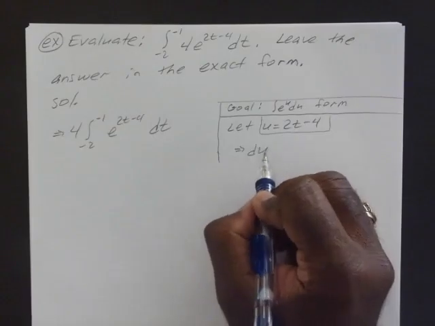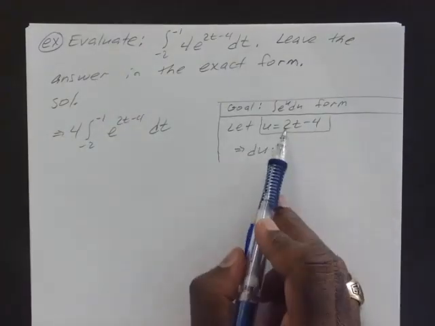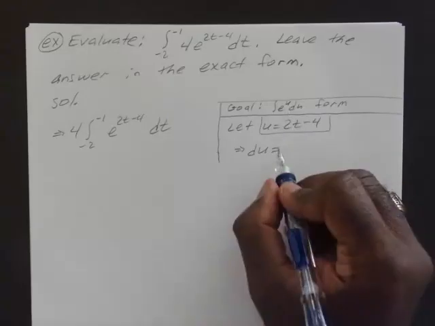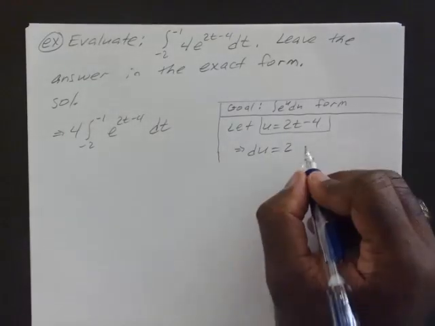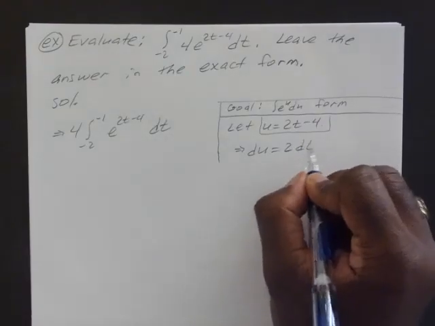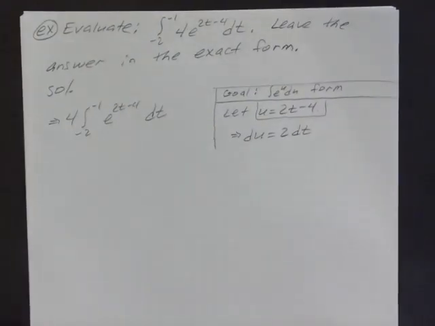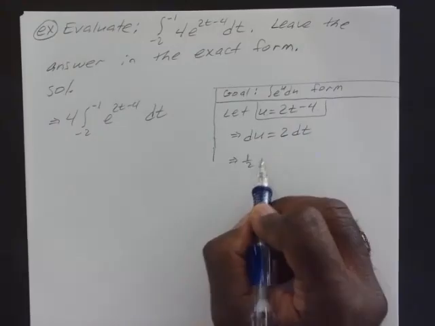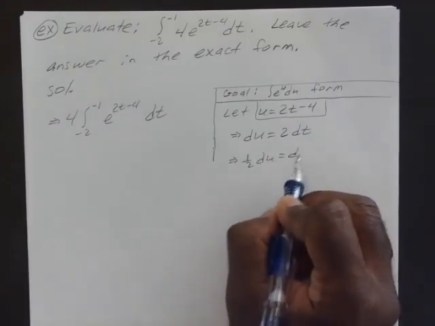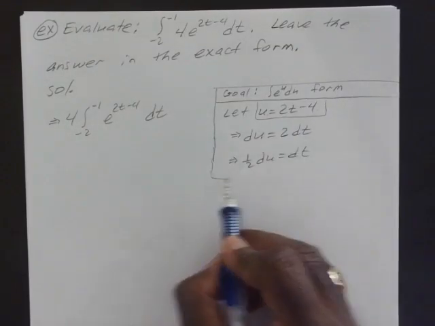And we know the derivative of u is equal to the derivative of 2t, which is just 2. And the derivative of -4 is 0, so that disappears. So that's just 2 with respect to t. Or if we divide both sides by 2, we have 1/2 du is equal to our dt.